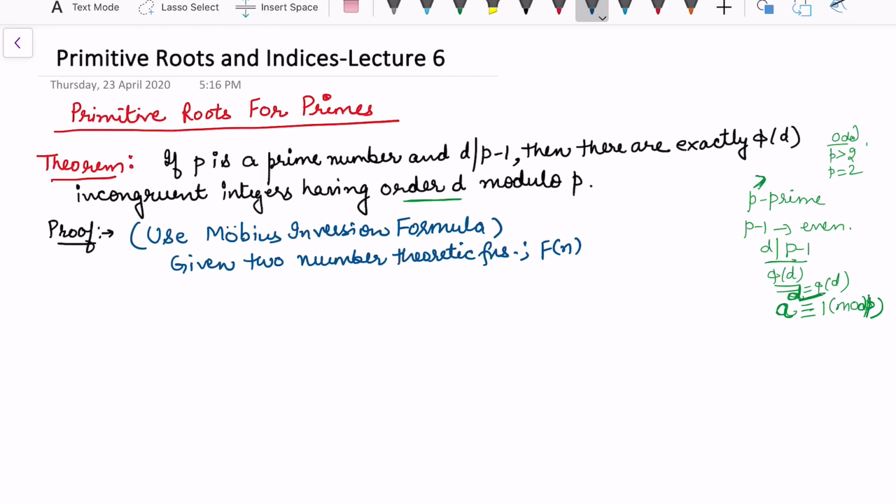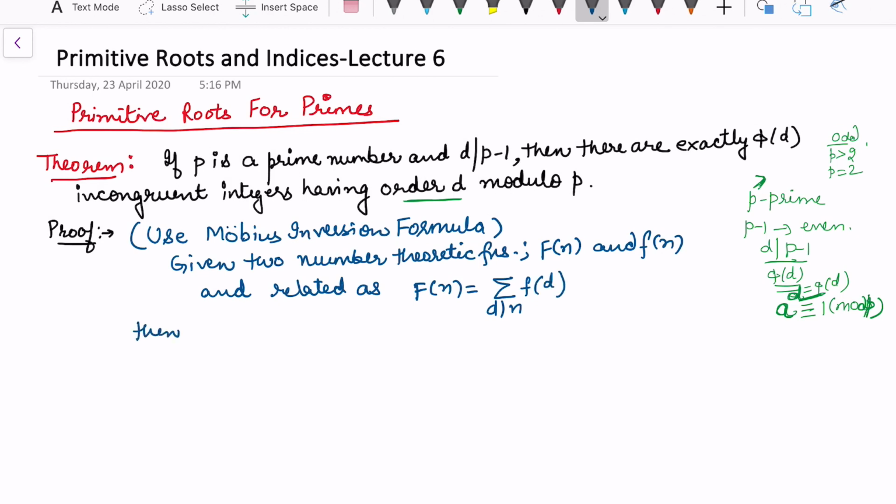So let me take two number theoretic functions, capital F(n) and small f(n), related as capital F(n) is equal to the summation over d divides n, so d is a divisor of n, of f(d).